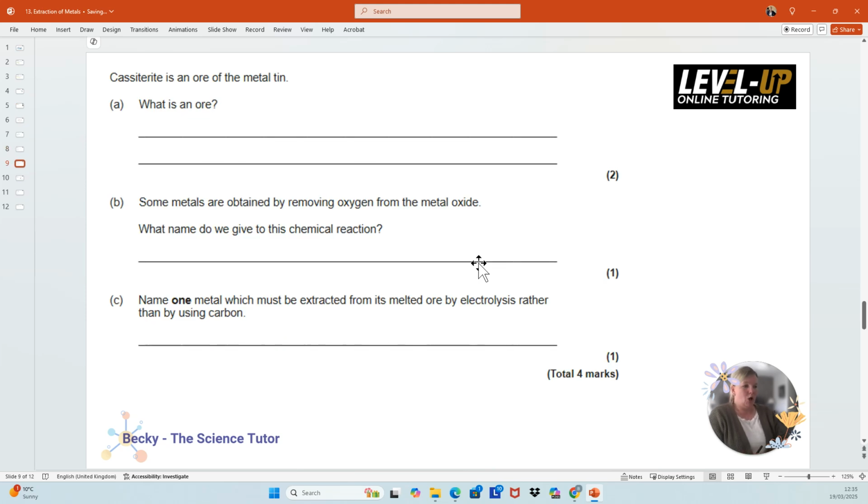Okay, on to our sort of medium level questions then. So here we've got, what is an ore? This is the definition that I was talking about earlier.